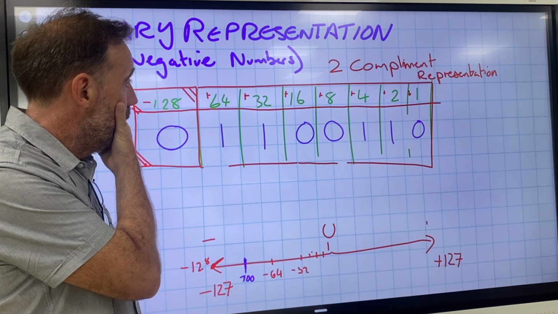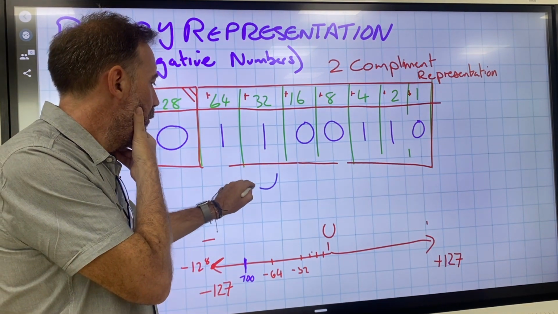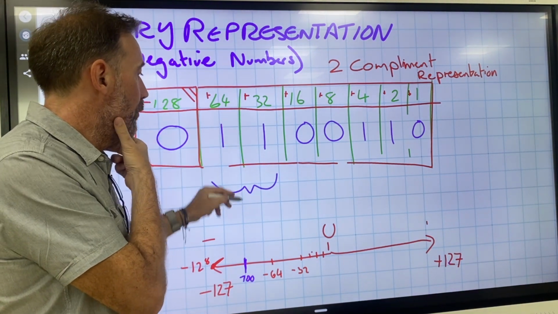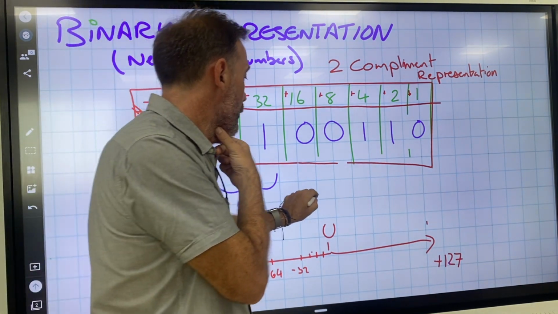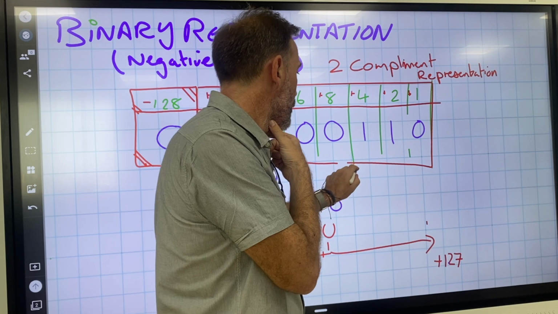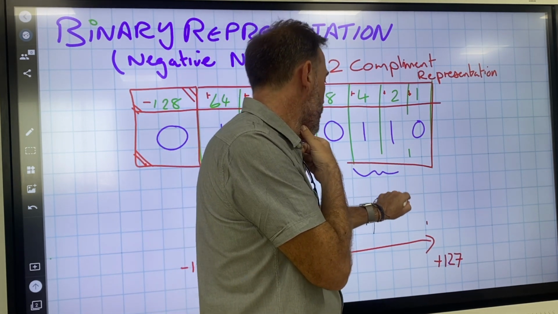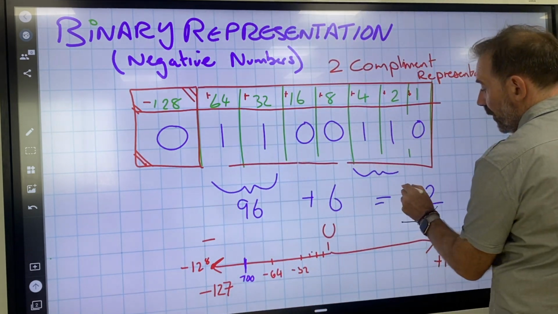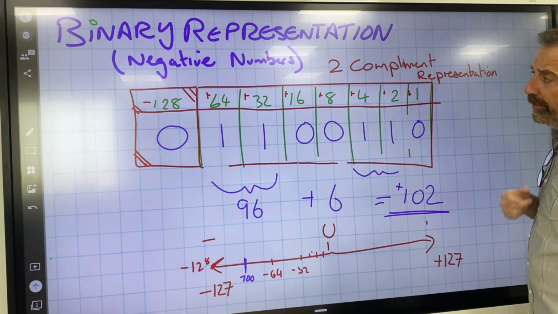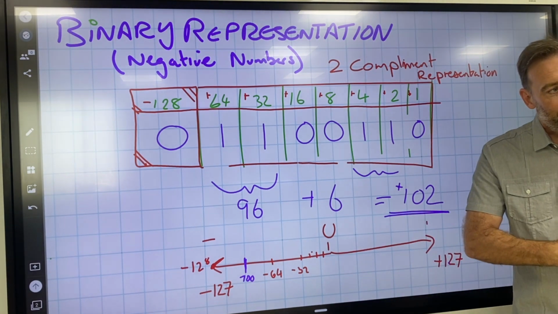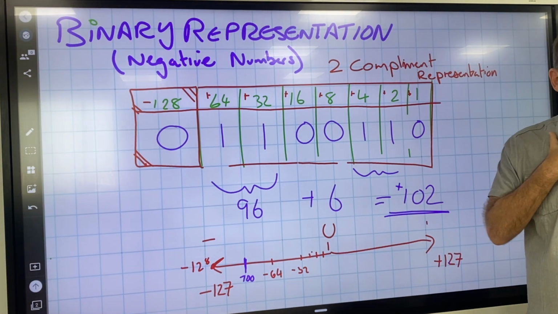What's 32 plus 64? 96, plus 6, which is going to be 102. Positive. It's a positive. We don't need to put a positive in, but. Good. Happy with that? Of course.